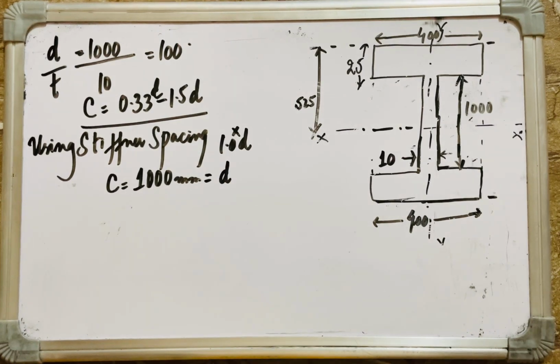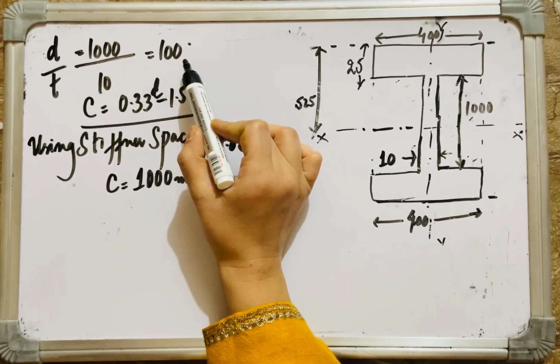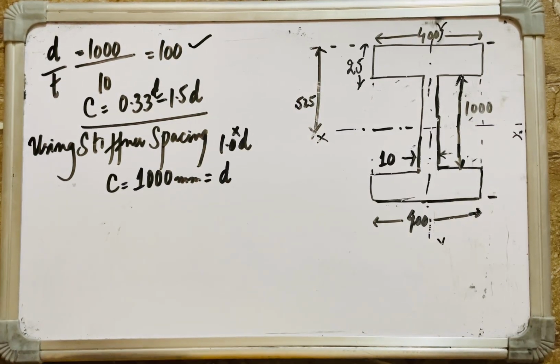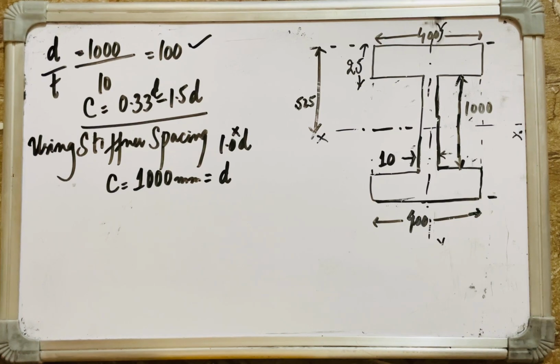Another parameter that governs this allowable average shear stress is the ratio d by t. This is 100. And this is the stiffener spacing. We can use anything from 0.33d to 1.5d. We took it 1d. Our d is 1000 mm.